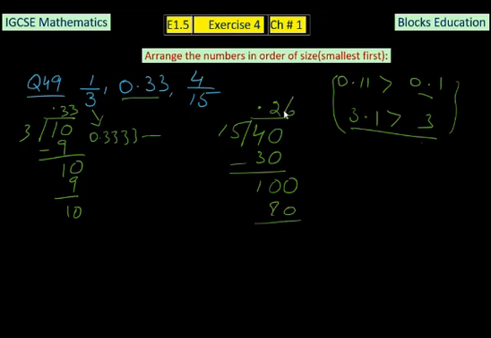So 0.26, and we can see that clearly 0.26 is smaller than these two numbers, 0.33 and 0.333 and so on. It means that, smallest first, 4 over 15 is the smallest number, then comes 0.33, and then comes the biggest among these three numbers, which is 1 over 3. I hope it makes sense.